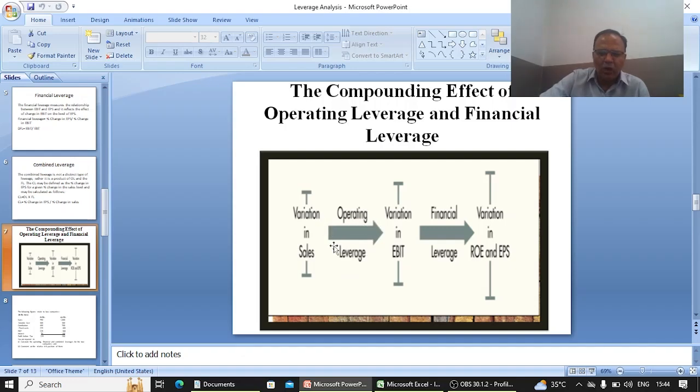It means operating leverage establishes a relationship between variation in EBIT and variation in sales. And financial leverage establishes a relationship between variation in EPS and variation in EBIT. So this is a combined effect. Now, I think it's very much clear to all of you what is the meaning of leverage. Now let's start some numerical problems.